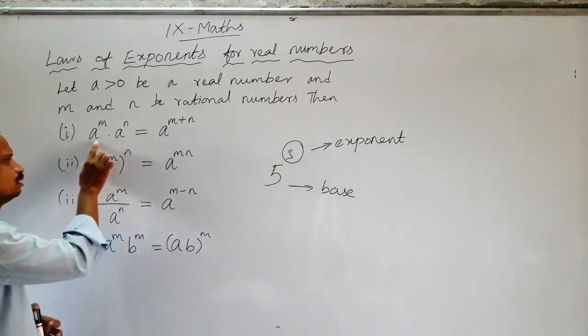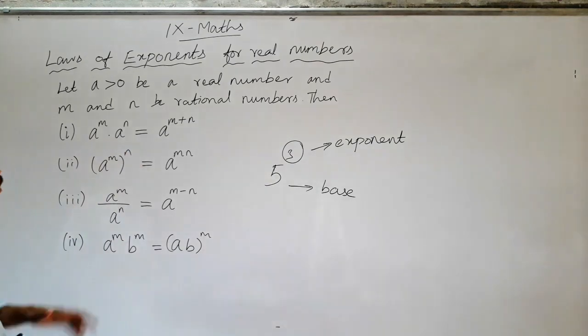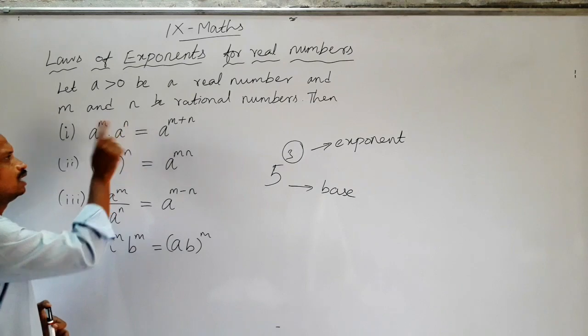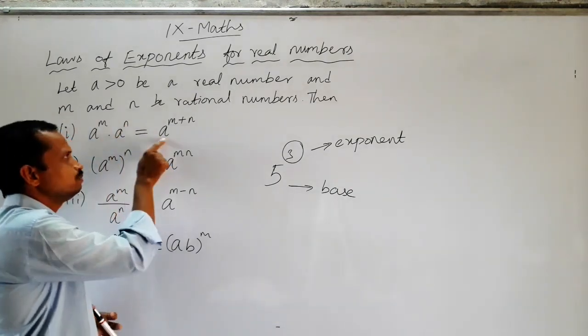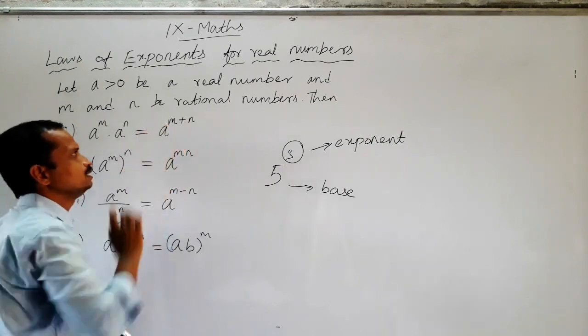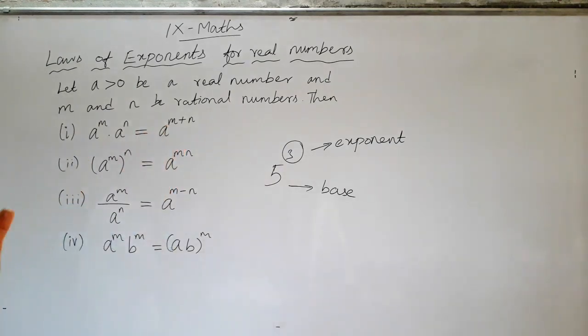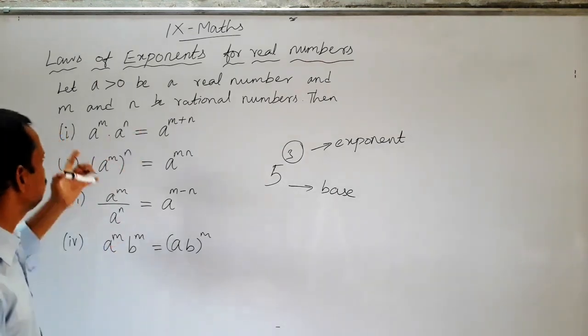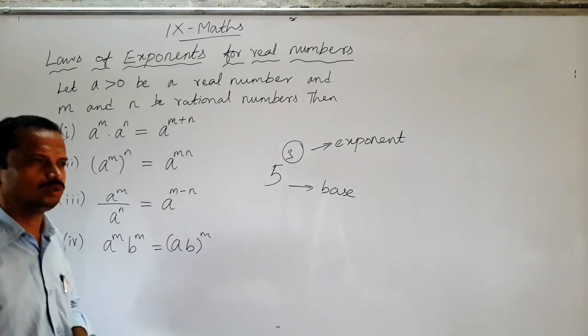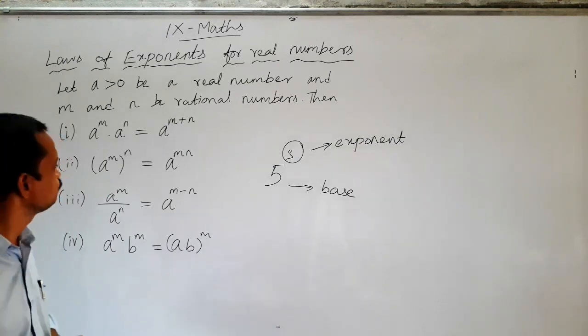On the left side, the two bases are multiplying, whose powers or exponents are different. This is m and this is n. And here, on the right side, the same base is coming, and in the exponent, the sum of the two powers, m plus n. Clear? So addition of the powers. So a power m into a power n is equal to a power m plus n.